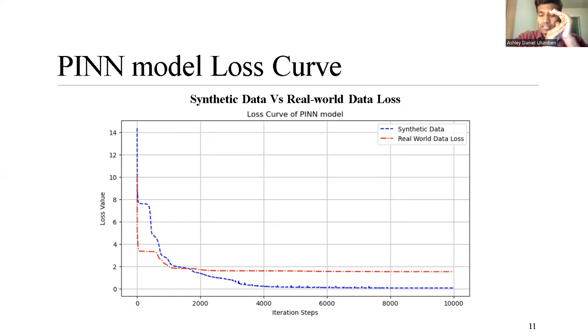So the synthetic data is quite easy for the PINN model to understand and train over, while the real world data has the underlying physical properties, and so the loss is around 1.5% or so.